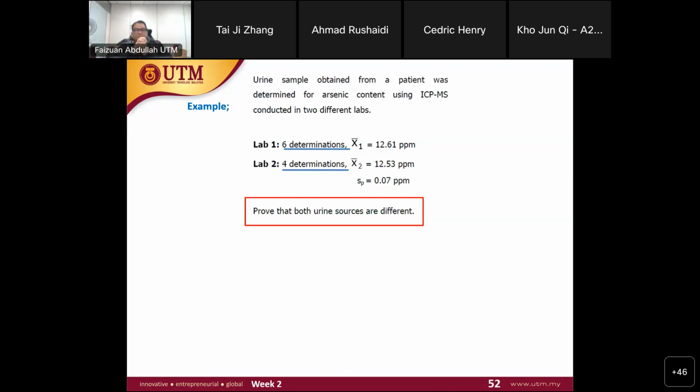Lab 1, 6 determinations, mean is 12.61 ppm. Lab 2, 4 determinations, so x2 equals 12.53 ppm. And the SP is 0.07 ppm. Prove that both urine sources are different.